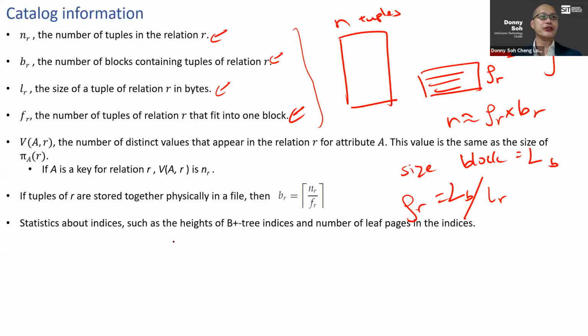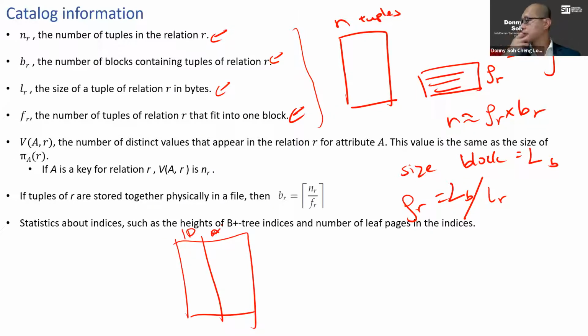Let's say we have ID and, let's say, department. This is the people that belong to a certain department.